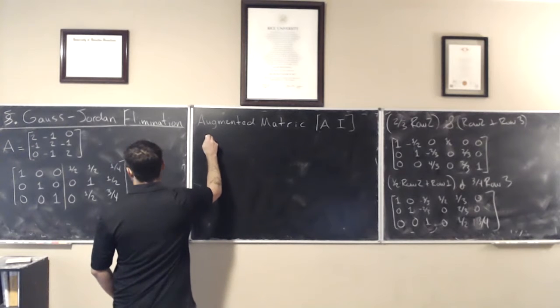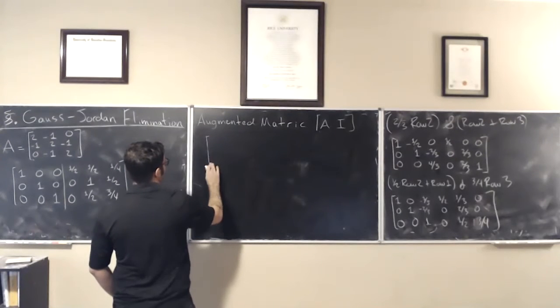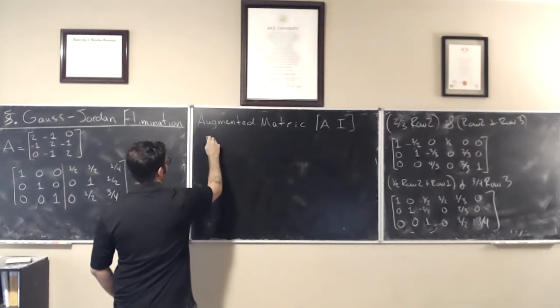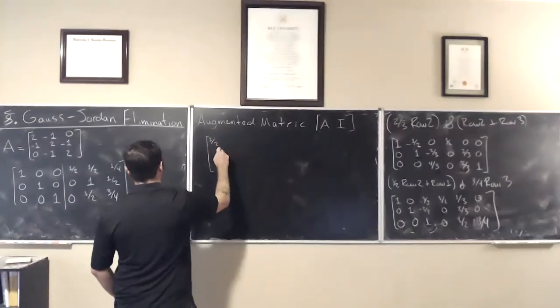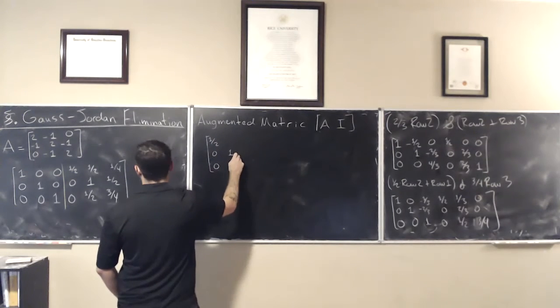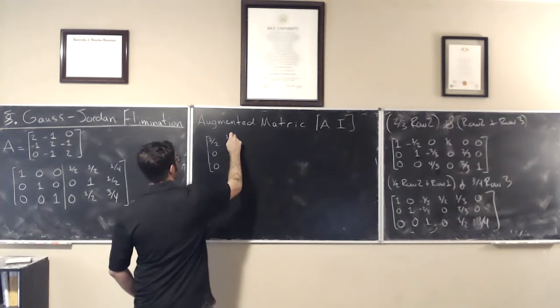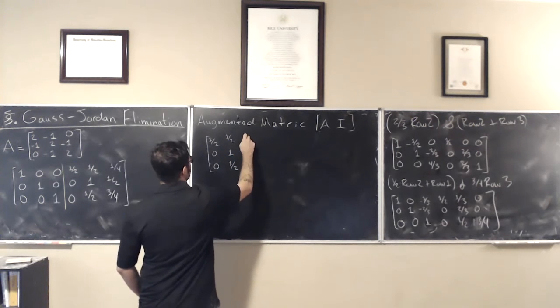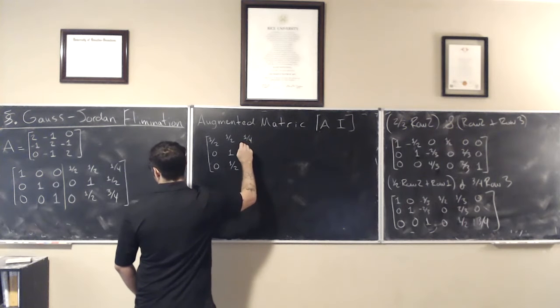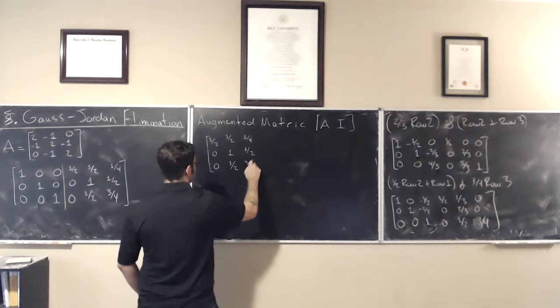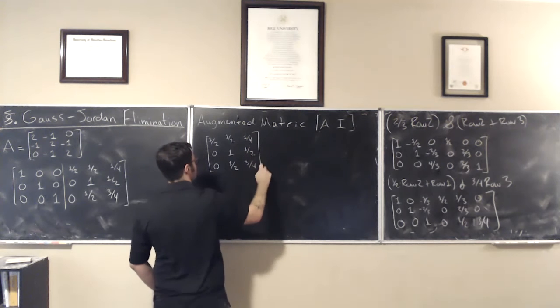Oh, that's going to be such a pain to do. All these fractions everywhere. And I really hope I didn't make any arithmetic error, because it was so easy to make an error.